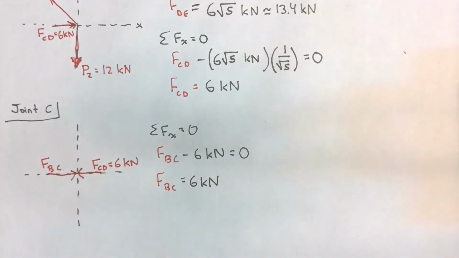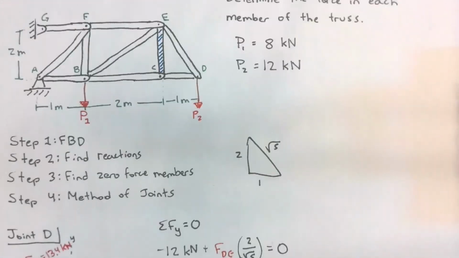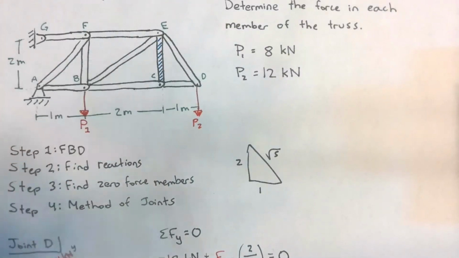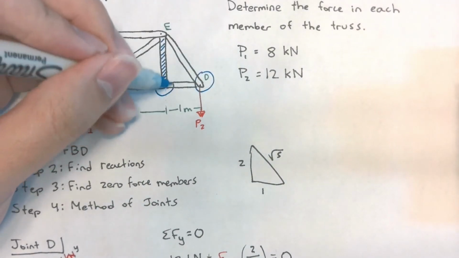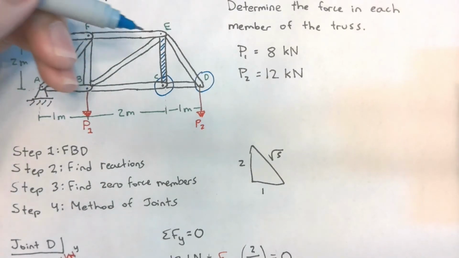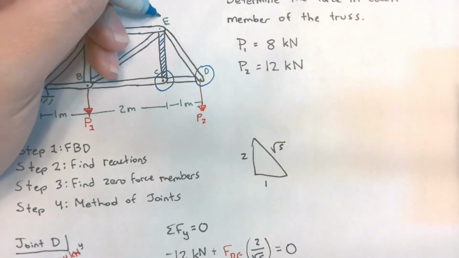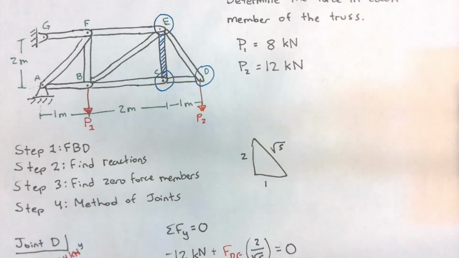All right. So we found another one of the members. Okay. So going back to our diagram, we already solved for all the forces for joint D and for joint C. Now I can jump and maybe try to find the forces for joint E. So I follow the same process again.